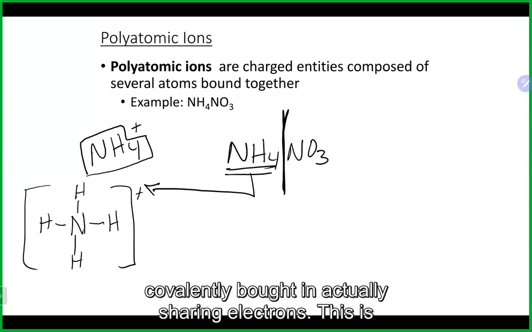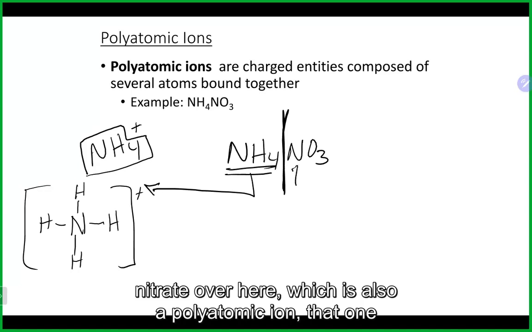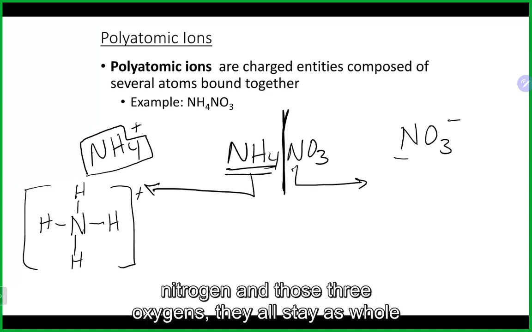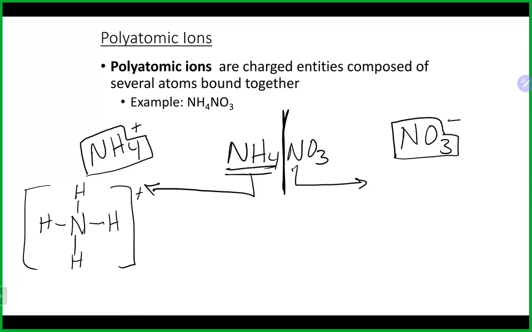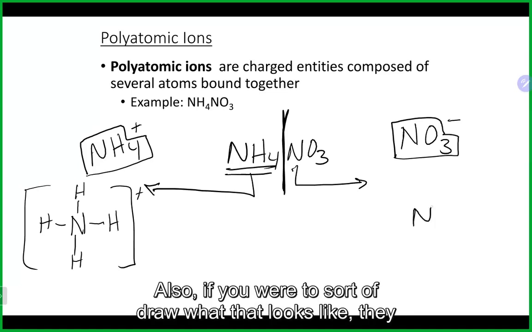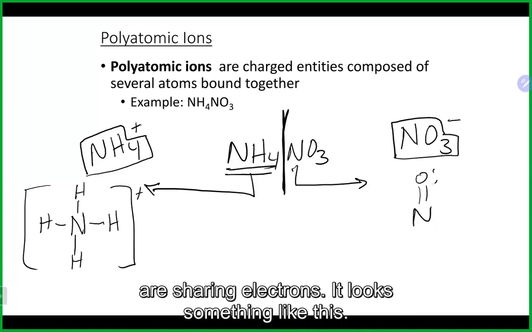This is nitrate over here, which is also a polyatomic ion. That 1 nitrogen and those 3 oxygens, they all stay as whole units here. And it has an overall charge of -1. Also, if you were to sort of draw what that looks like, they are sharing electrons.